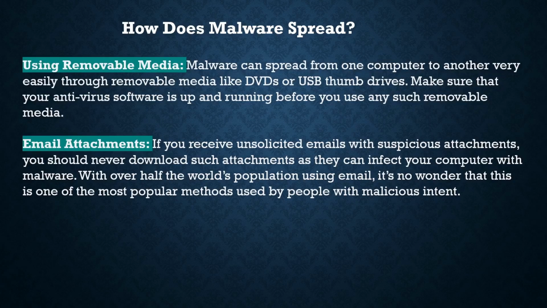If you receive an unsolicited email with suspicious attachments, you should never download such attachments, as they can infect your computer with malware. With over half the world's population using email, it is no wonder that this is one of the most popular methods used by people with malicious intent. So these are the ways that malware can spread from one device to another.